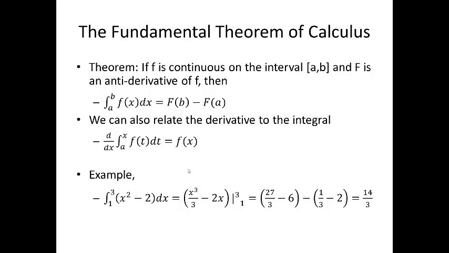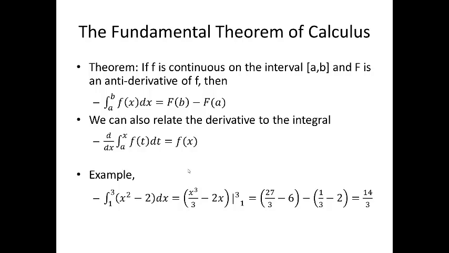So, for example, consider the integral from 1 to 3 of x squared minus 2 dx. We get an evaluation x cubed over 3 minus 2x, that's the antiderivative, and we evaluate at 3 and subtract the evaluation at 1, and we get a result of 14/3.